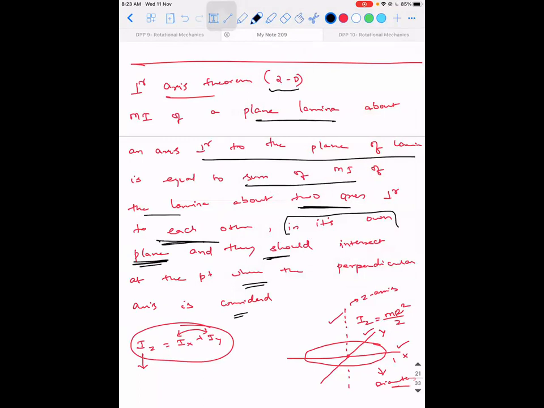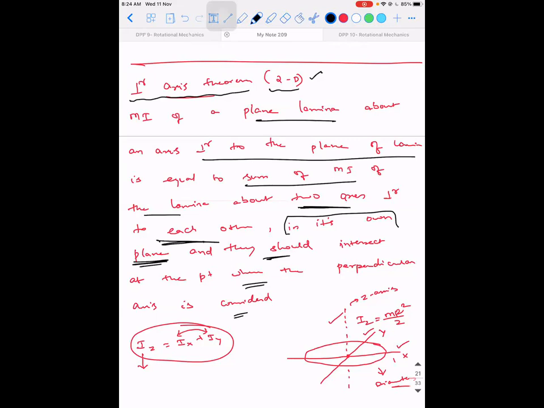I have underlined some things. I know you will make this mistake. Perpendicular axis theorem is applicable for whom? Only for 2 dimension. I put a question saying that I wanted for a sphere. For a sphere, you can't apply perpendicular axis theorem. Moreover, for a sphere, the moment of inertia about any diameter is still 2 by 5 m/r square, because sphere is going to be a 3-dimensional shape.